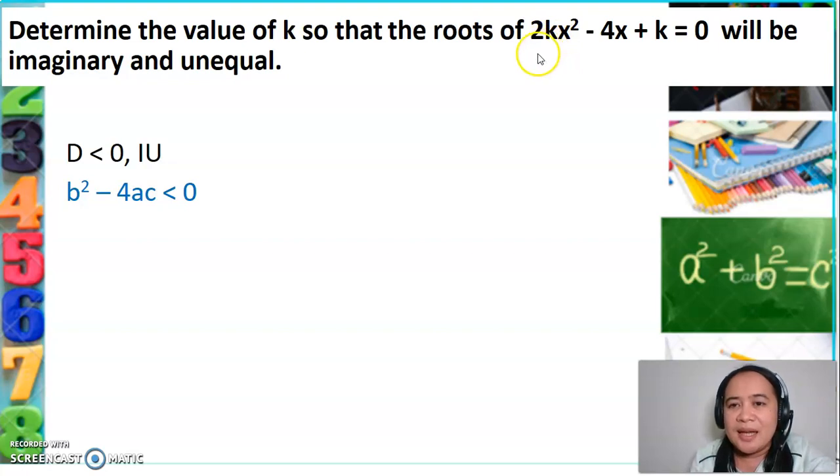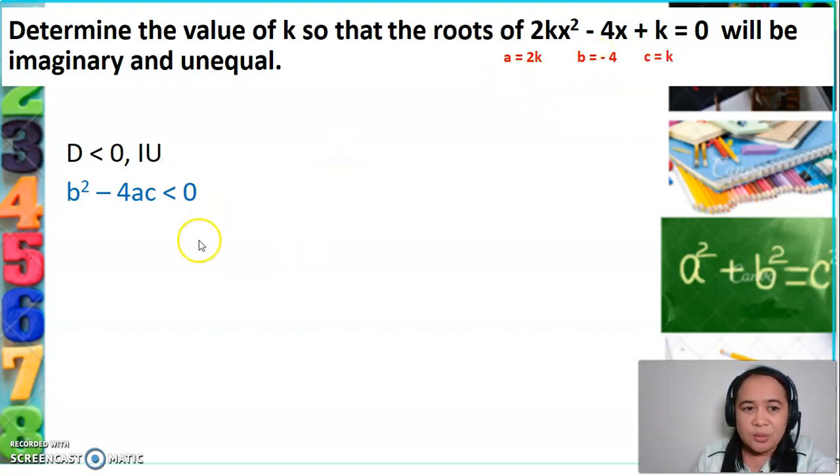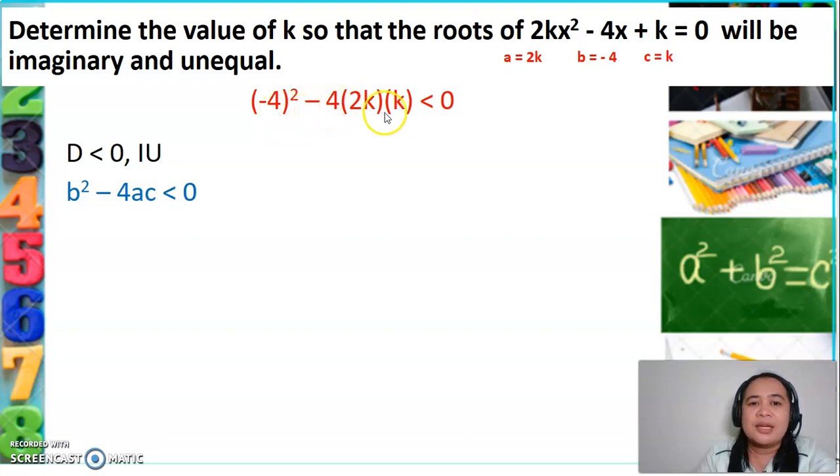In this case, the value for a is 2k. The value for b is negative 4, and the value for c is k. Now, substitute this in this particular equation. We will have negative 4 squared minus 4 times 2k times k should be lesser than 0.